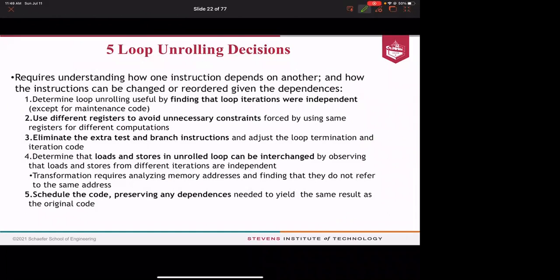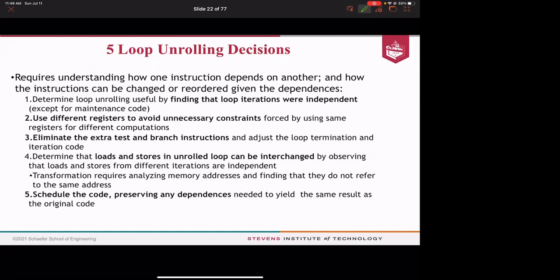So, 5 loop unrolling decisions. We have to understand how one instruction depends upon another and how the instructions can be changed or reordered given the dependencies. We want to determine whether loop unrolling is useful by finding out that loop iterations are independent. Like this loop is independent from the finish of the prior iteration, right?